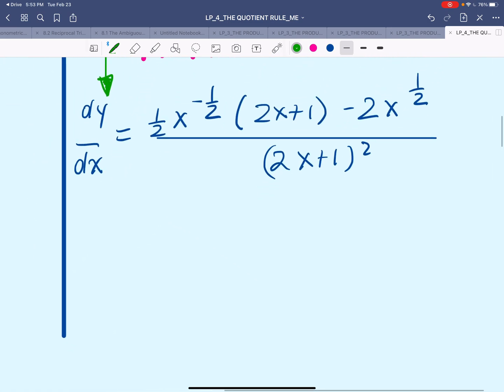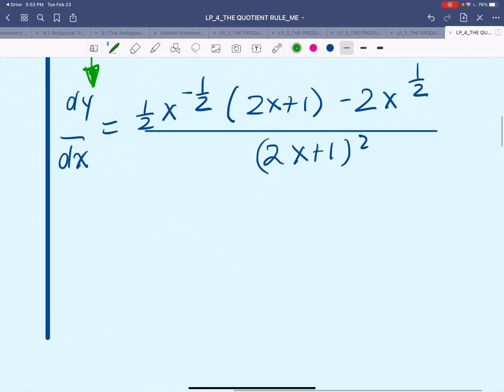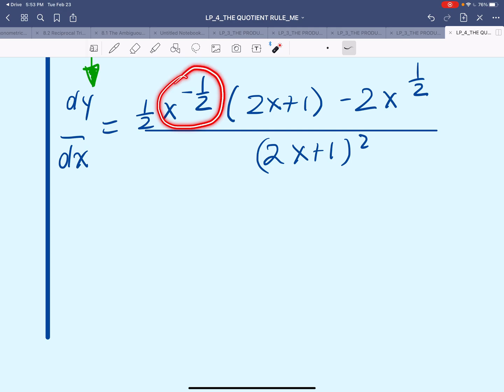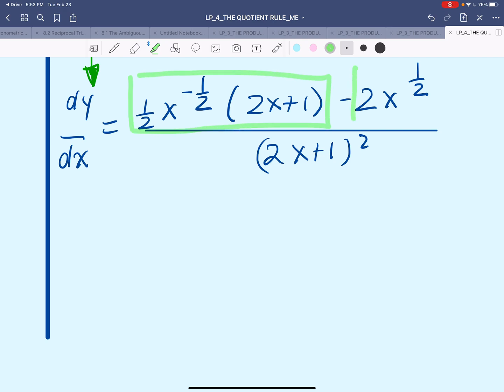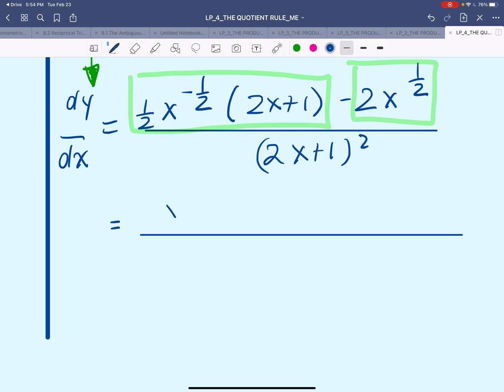So what we have in this case is a factor of x to the power of negative 1 over 2. So we have this group of terms, and then we have this group of terms. And the two groups of terms will have in common x to the power of negative half.